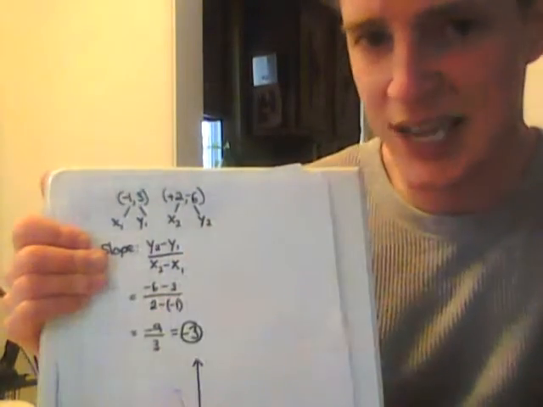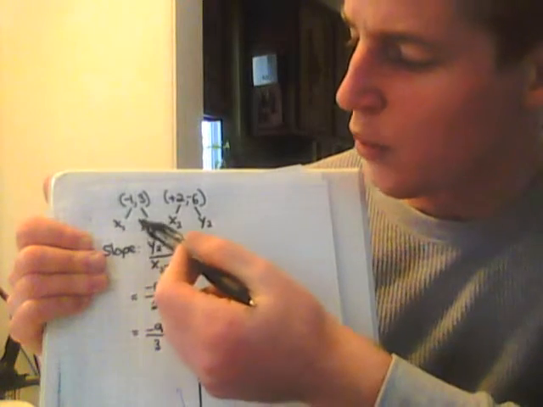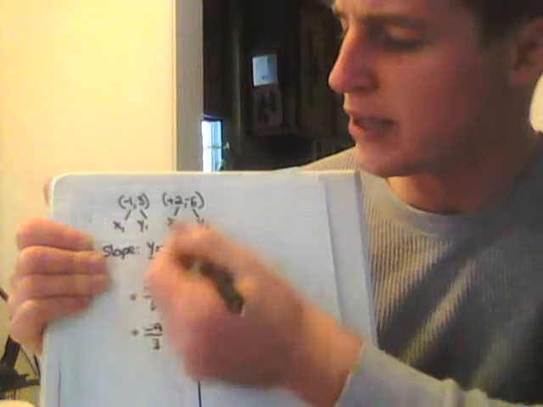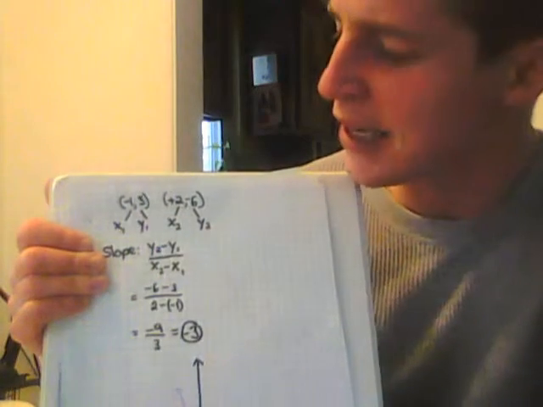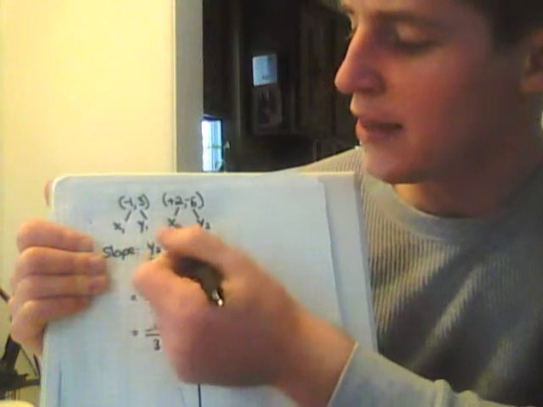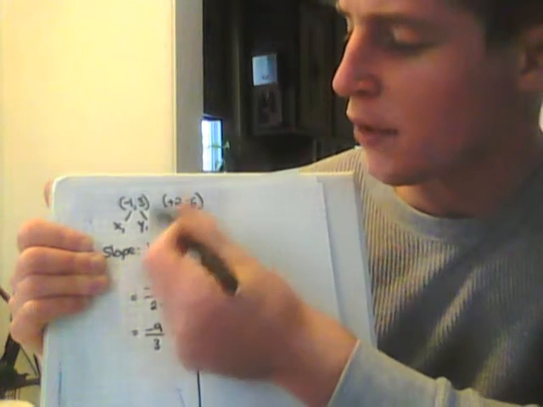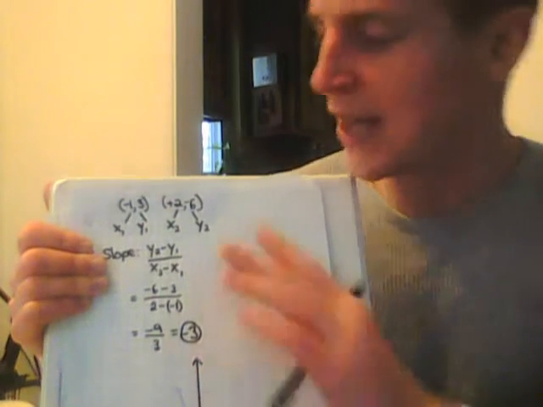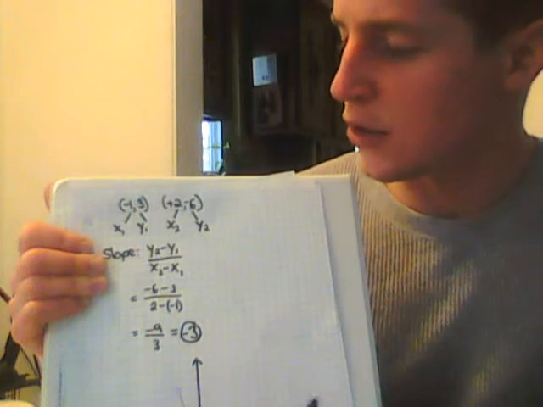And we learned to label these points as x1, y1, x2, y2. And what the 1s and 2s really mean is basically this is the x and y coordinates of our first point, and this is the x and y coordinates of our second point. That's all they really mean. So if that was confusing, I'm sorry, but that's hopefully understood now.